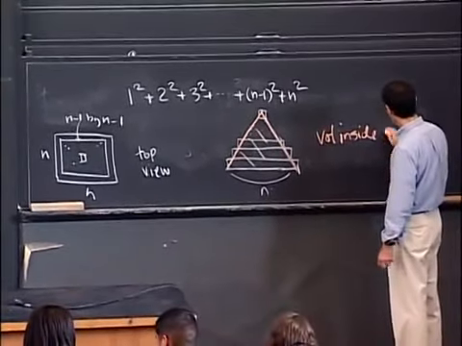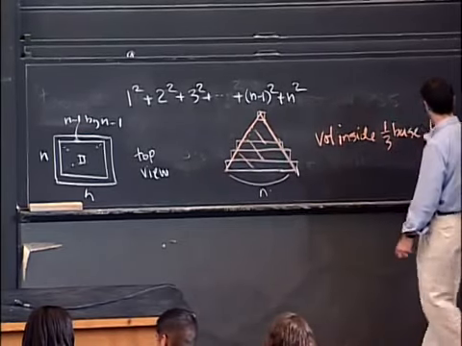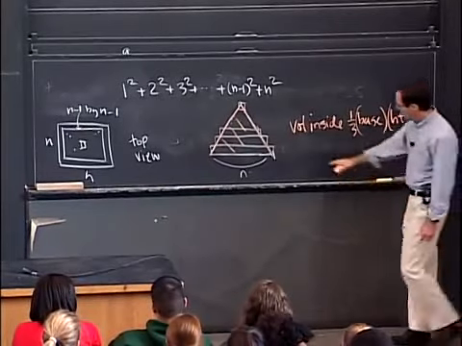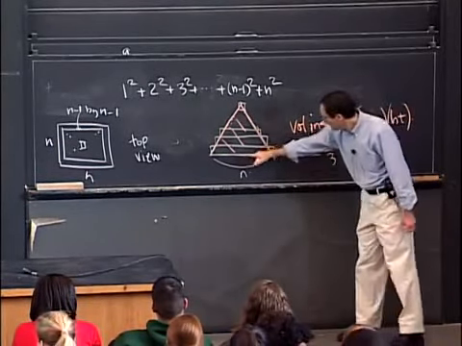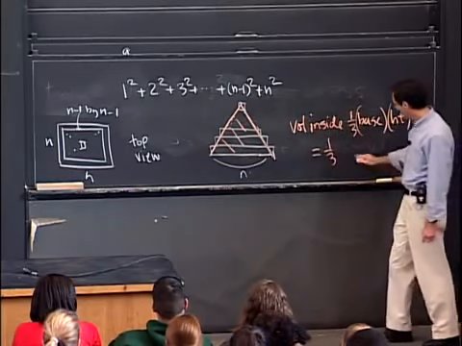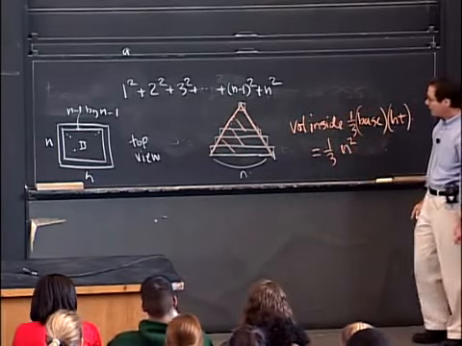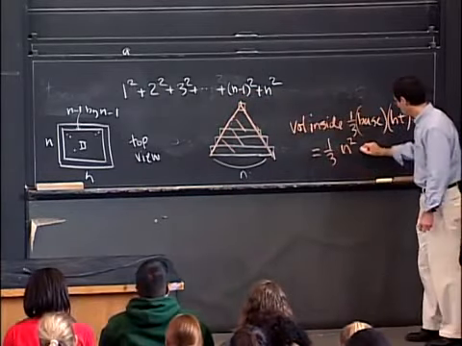is 1/3 base times height. And in that case, that's 1/3, and the base is n by n, right? So the base is n squared. That's the base. And the height goes all the way to the top point. So the height is n.